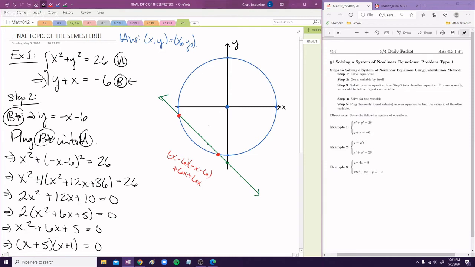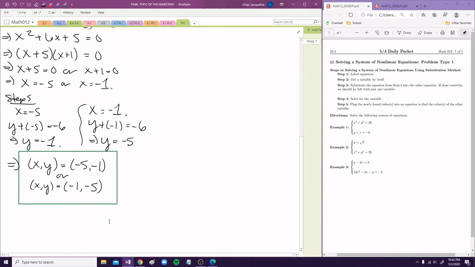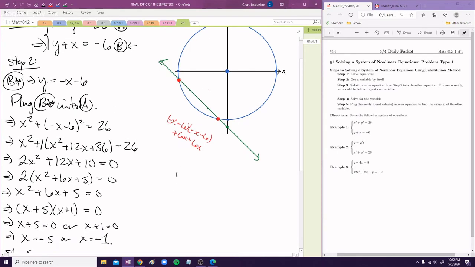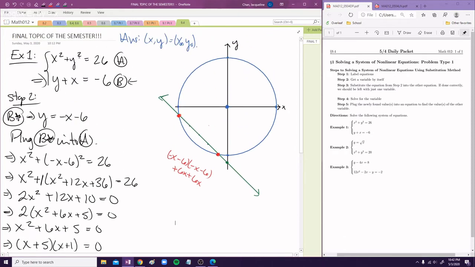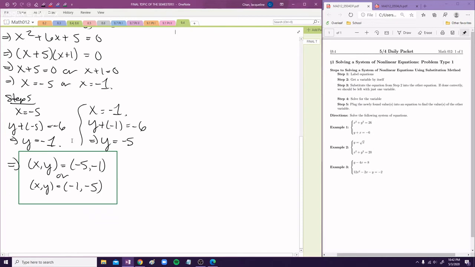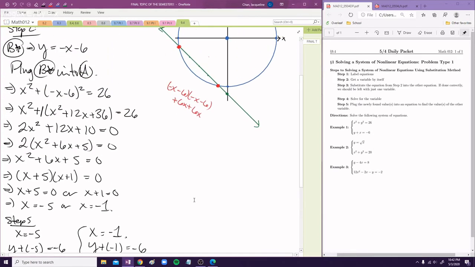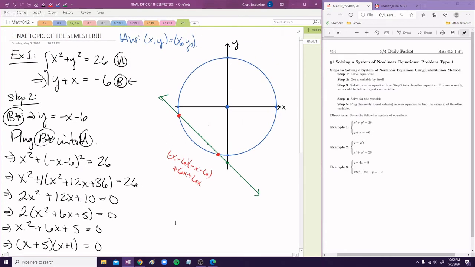But if you graph it this way, you can see that this is in the third quadrant, so both the x and y will be negative. If you want to make sure that your answer is correct, plug these values into both equations, because what makes a point a solution to your system is that it has to satisfy both equations. So you can check that to see if this is correct. That's how you solve a system of nonlinear equations.